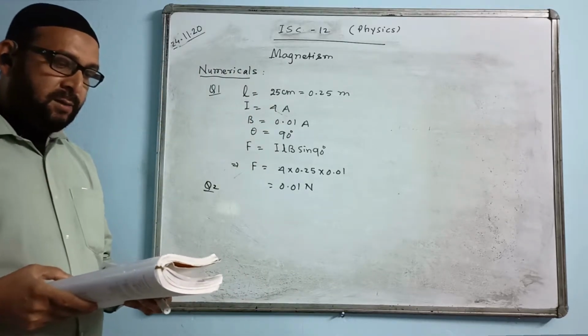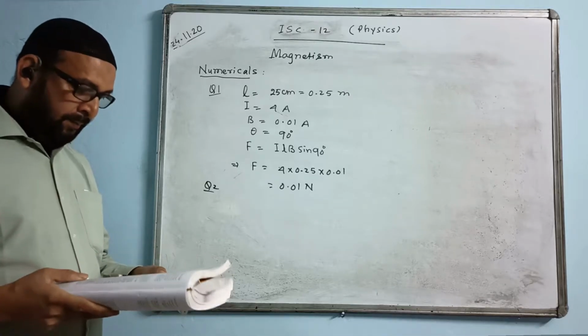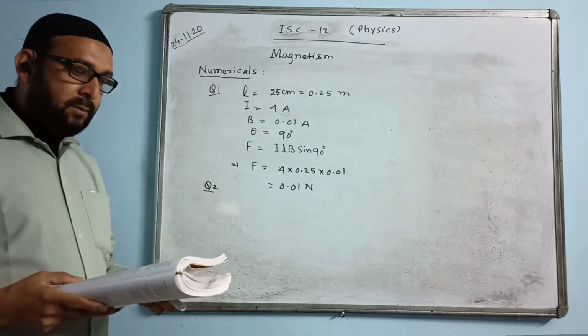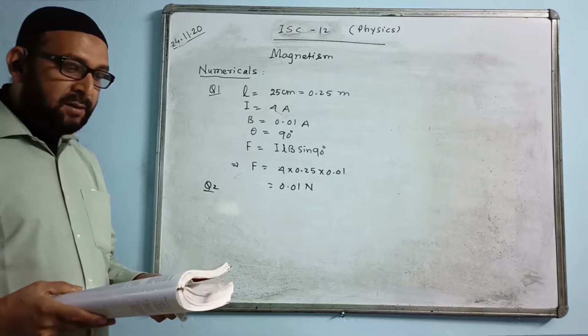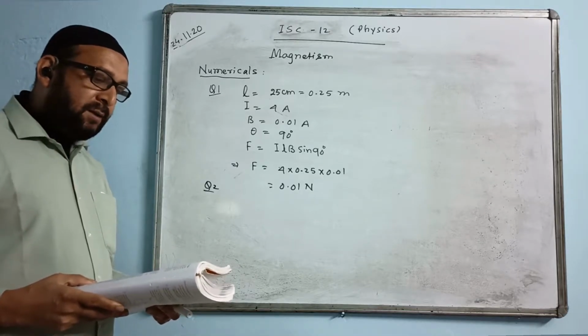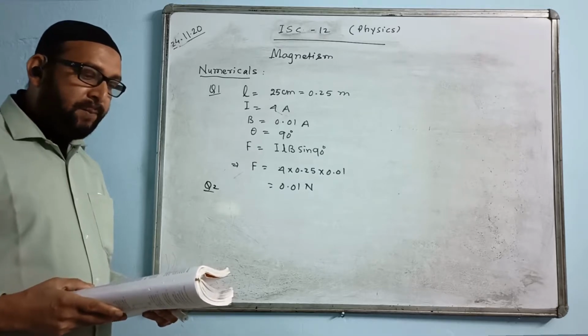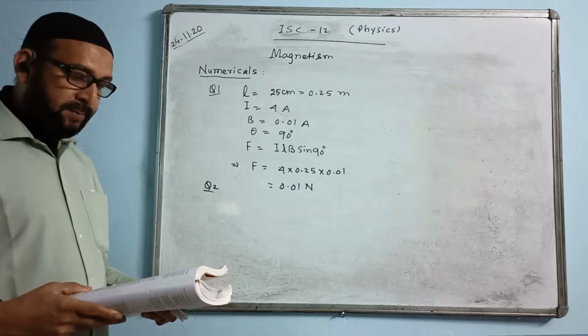Next question says, a copper wire is carrying a current of 1.2 ampere from east to west.